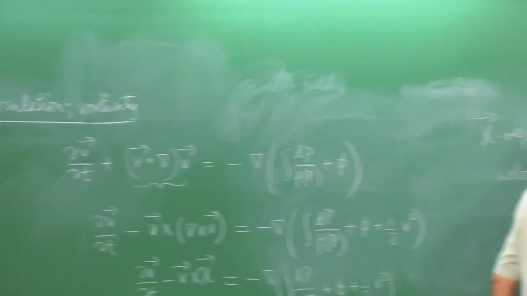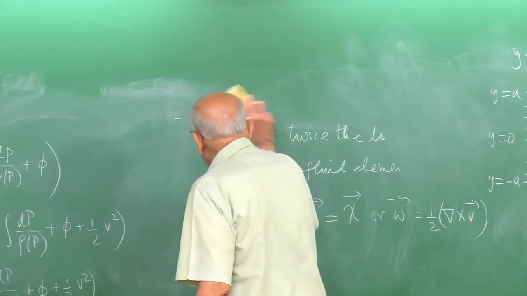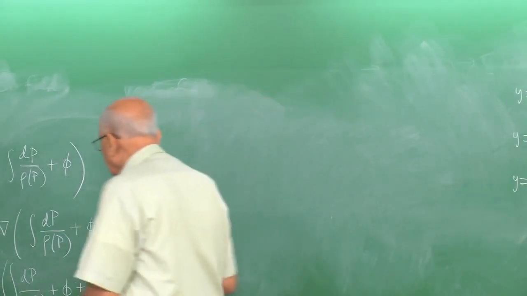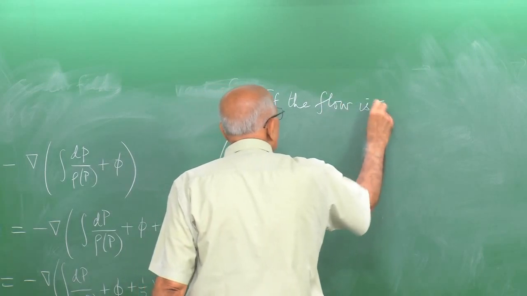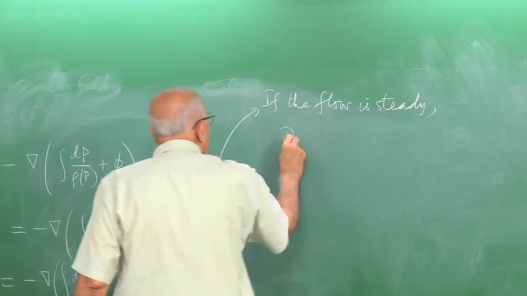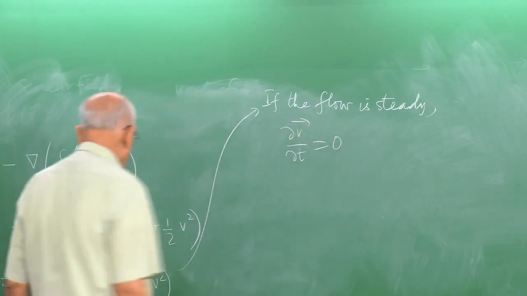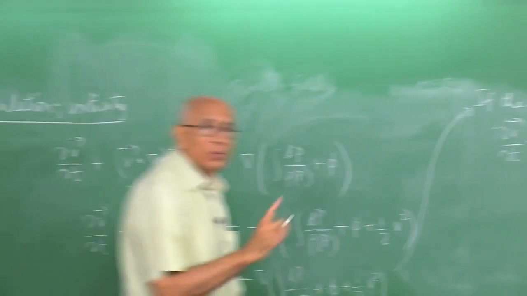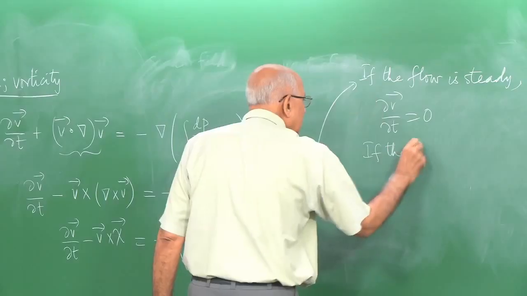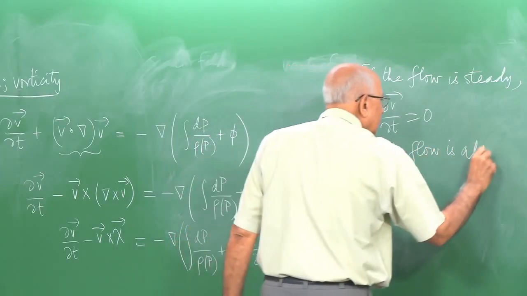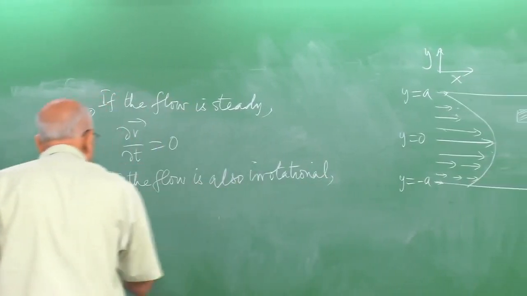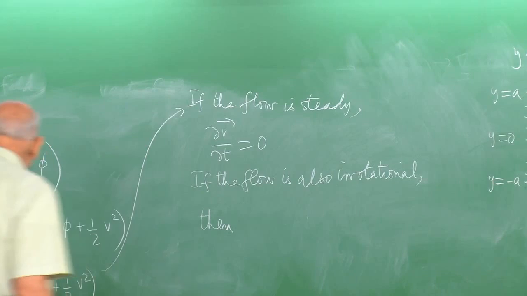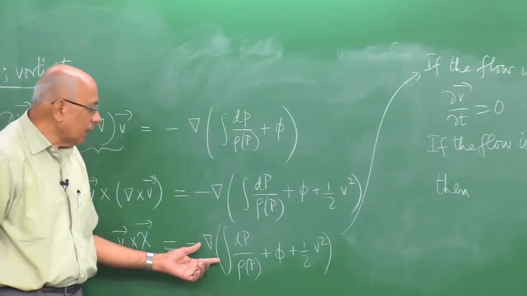Well, now you can see that if the flow is steady, this equation delta V over delta t is 0 out here, and moreover if the flow is irrotational, then, well, this term is 0 and this term is 0, and now even without dotting with V, this whole thing has a gradient which is identically 0.